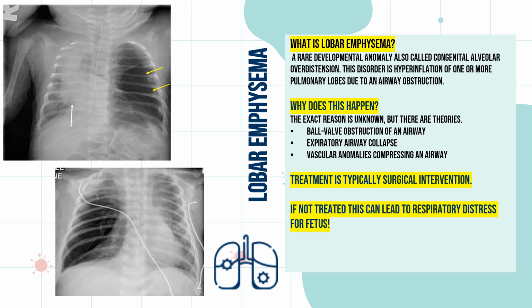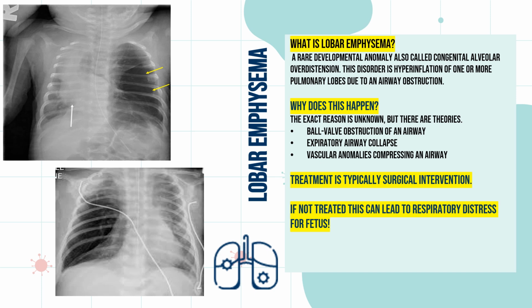Next, we have lobar emphysema. Lobar emphysema is a rare developmental anomaly, also called congenital alveolar overdistension. It manifests as hyperinflation of one or more pulmonary lobes due to an airway obstruction. And weirdly enough, it is actually more common in male fetuses.